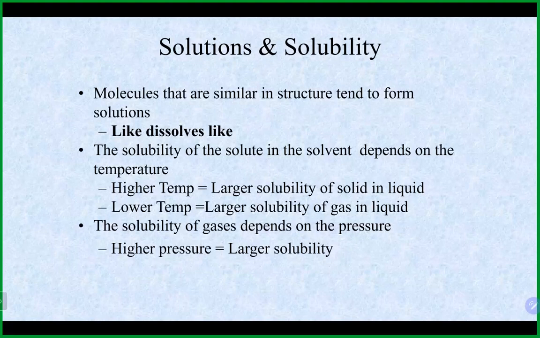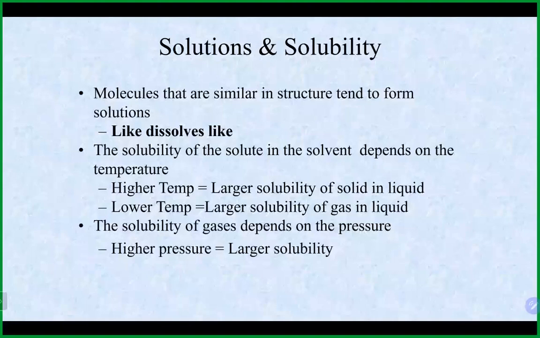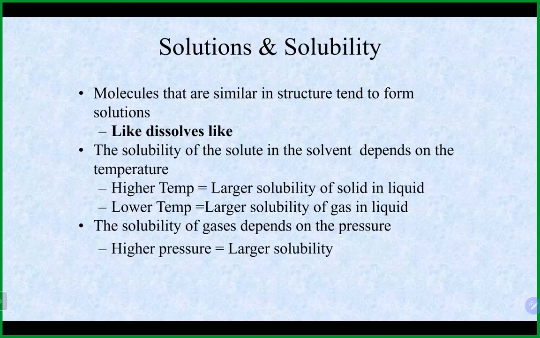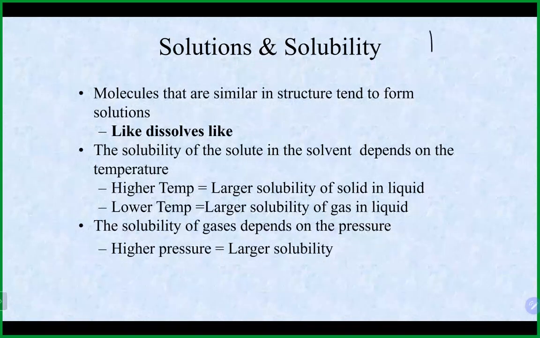The solubility of a solute does depend on temperature. As I mentioned before, a higher temperature usually results in a greater solubility of a solid, and a lower temperature results in a larger solubility of a gas in a liquid. Why at a lower temperature is the gas more soluble in a liquid?